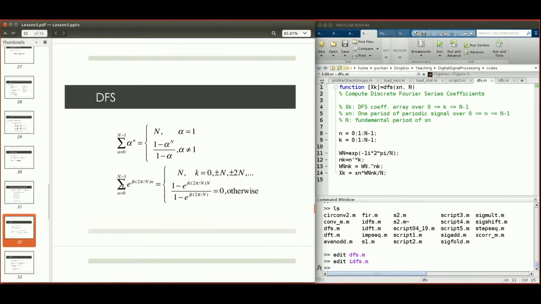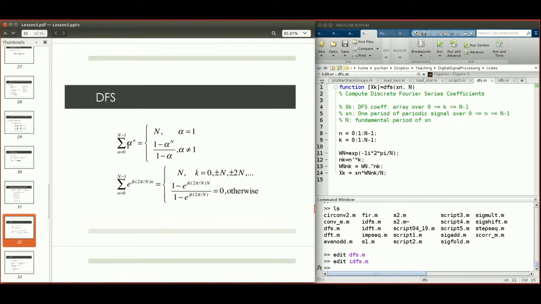Now let's look at this kind of summation. What I claim is that this summation is actually a geometric series. The summation index n goes from 0 to big N subtract 1, exactly the same as here.